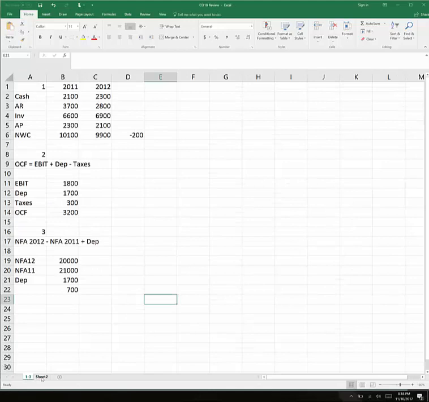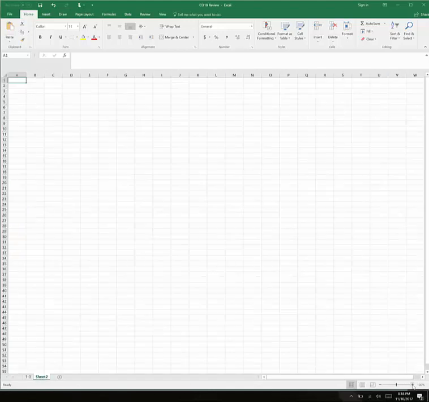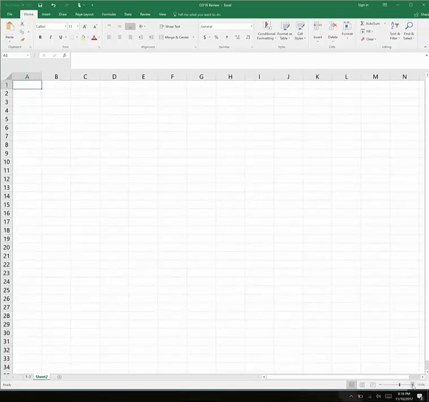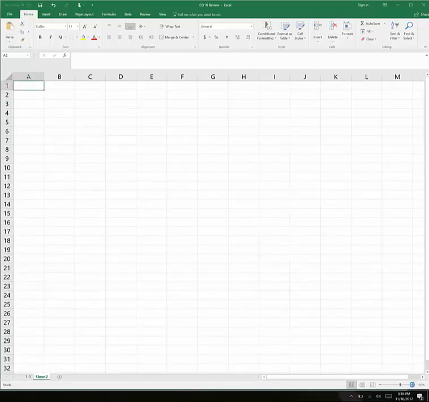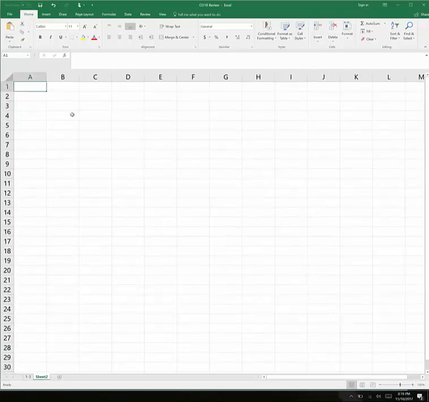Okay, so let's move on to number 4. Okay, number 4 says that a company has ROA of 14%, equity multiplier of 1.5 and dividend payout ratio of 0.7.